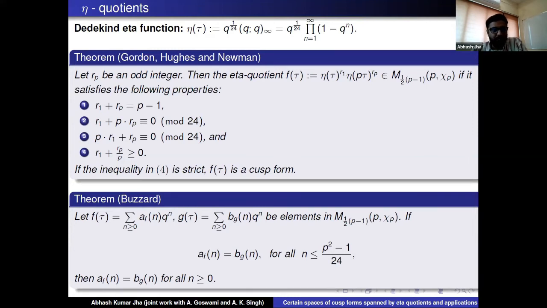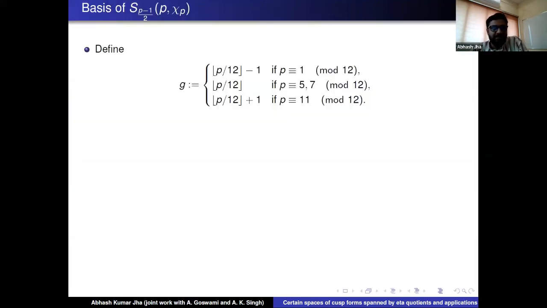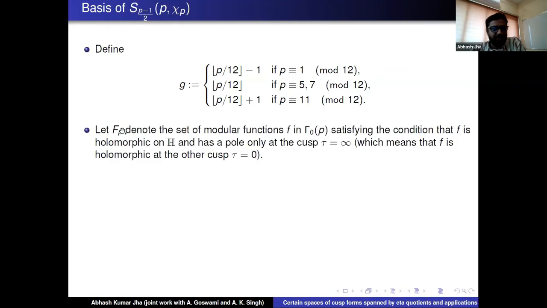Now I can give a proof, but before that, I'll tell what basis element I'm interested in. To define the basis element, I need some notation. I'm defining this g, which is basically the genus of that modular curve, defined by these three congruence conditions, for a prime p. I should mention that my prime is bigger than 5 and less than or equal to 23, so I'm in this range.